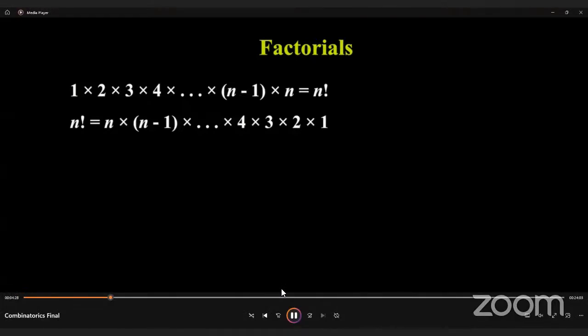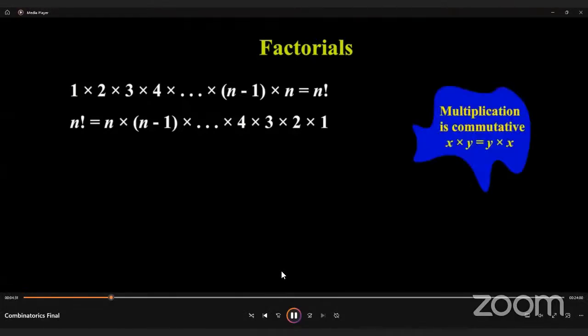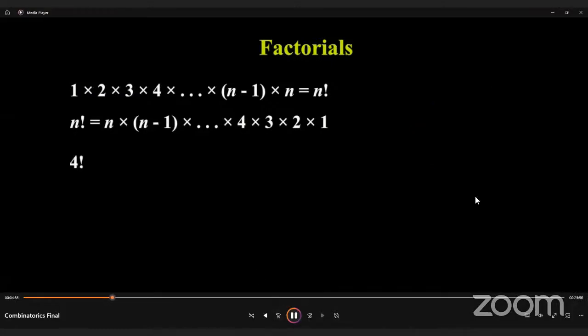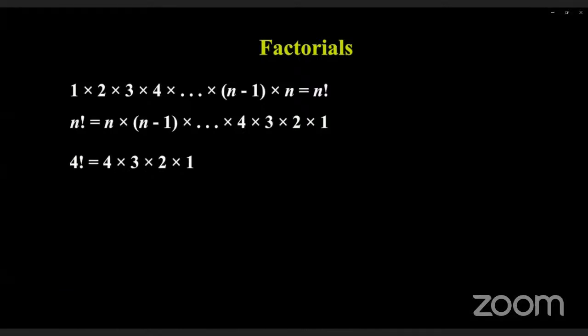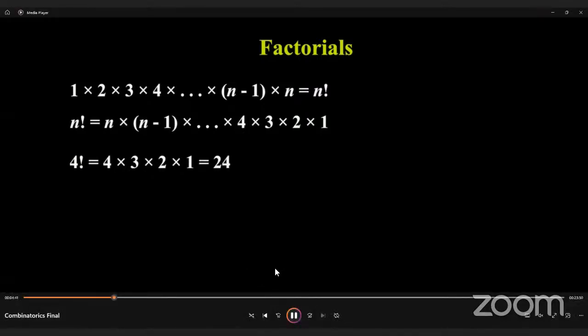Because multiplication is commutative, 4 factorial is 4 times 3 times 2 times 1. That's just normal multiplication, but you started from 1.